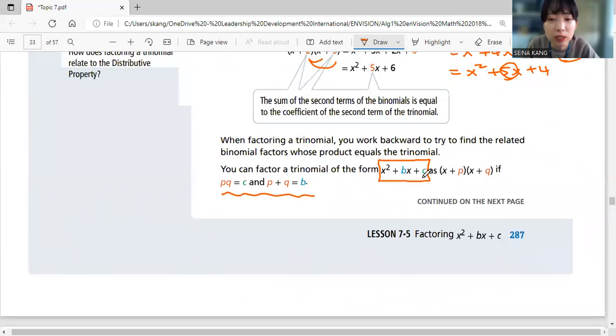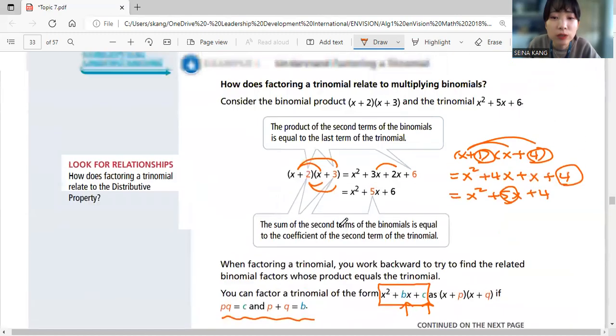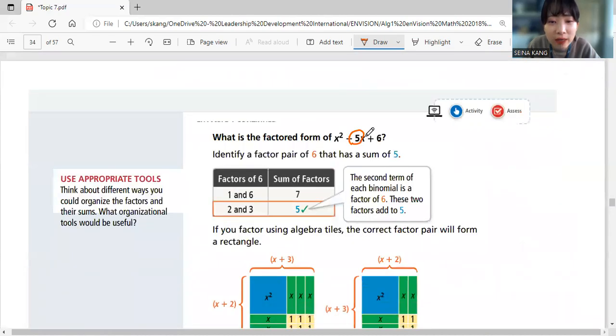from the multiplication c, because if you look at this, b is the sum of p and q here, and c is the product of p and q. So if 5 is the sum of two factors that multiply to make a product of 6, then you can think of the factors of 6, right?